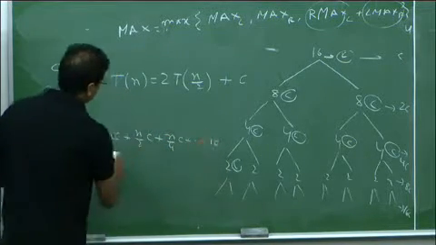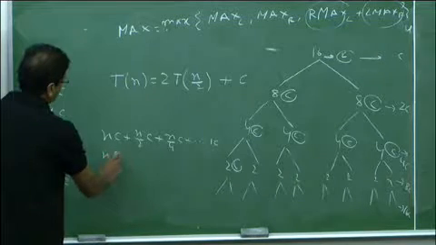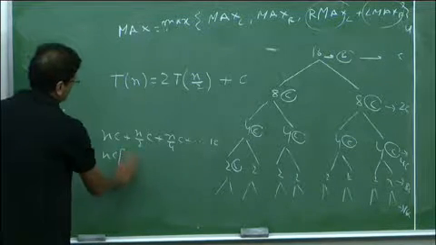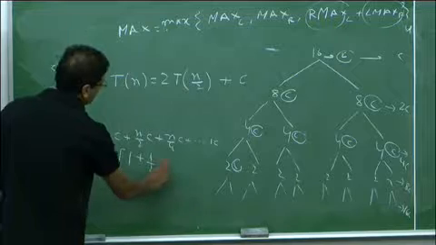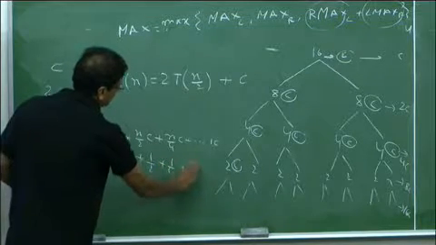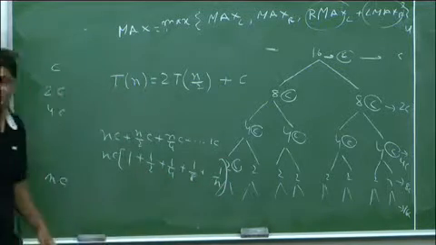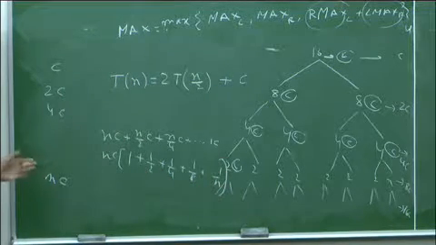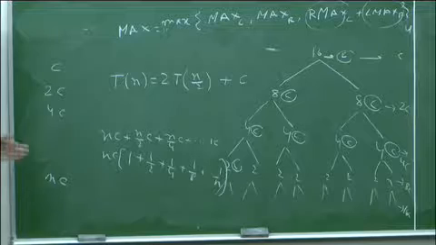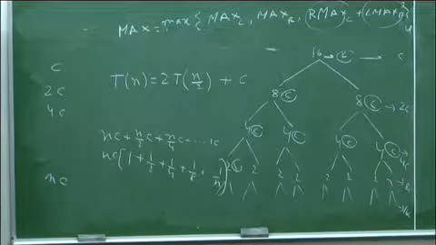If I take nc common, that is nothing but 1 plus half plus 1/4 plus 1/8 plus, finally, 1 over n. You can sum either way, it is going to give you the same result, it does not matter.